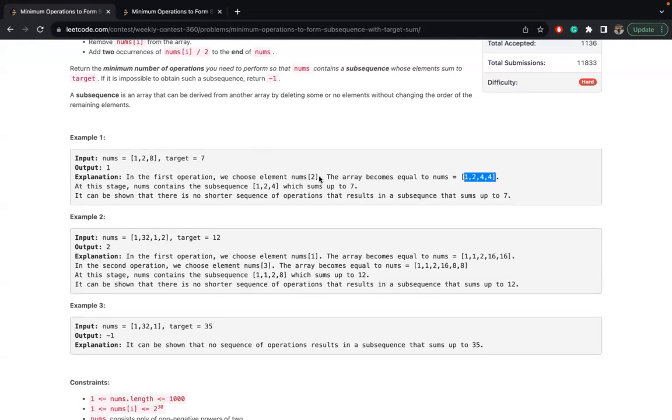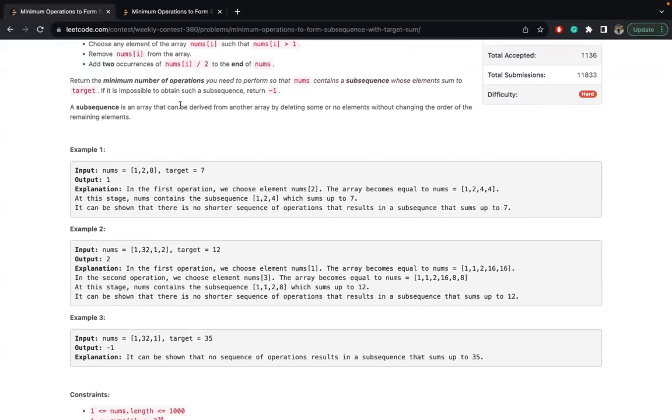After removing 8, you are adding two 4s, right? And after doing this operation, are you getting the target? Yes, you are getting 1, 2, 4, that sums to 7. So with one operation, you are getting this target, and the output is the number of operations, that is 1.